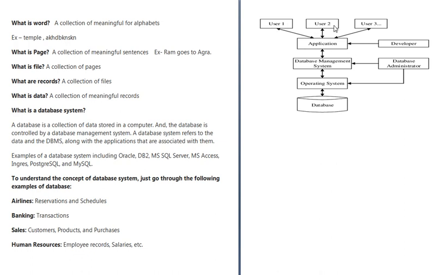A number of users are connected through applications, the application is connected to the database management system, and the database management system is connected through the operating system to the database where the physical data is stored. So I'll take the example of net banking.